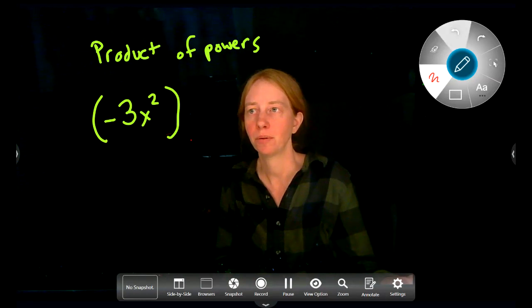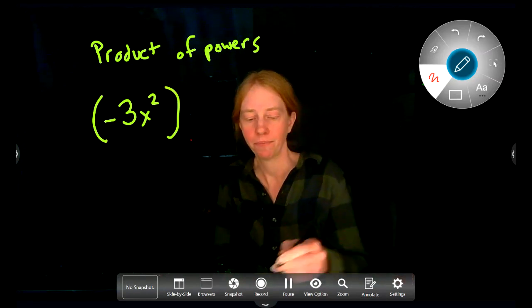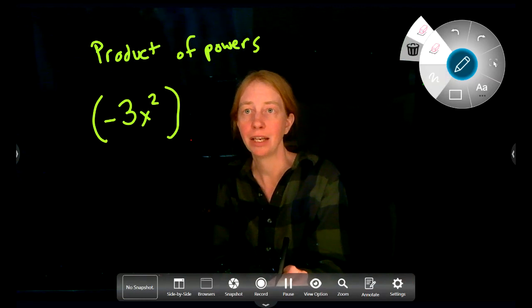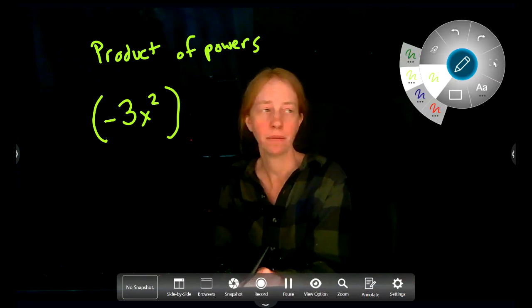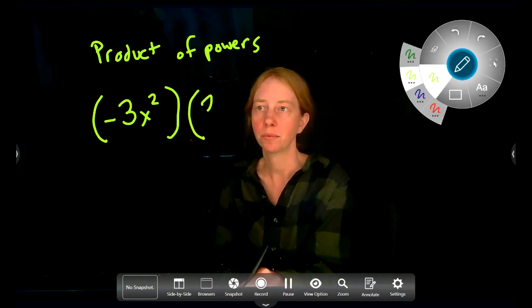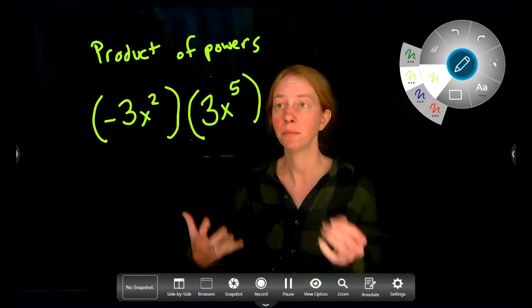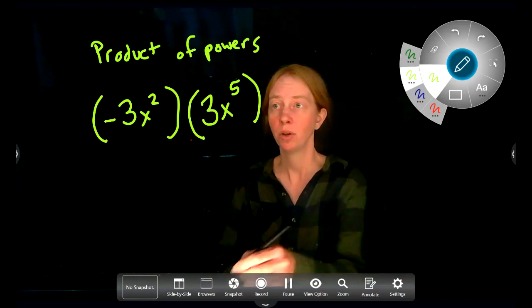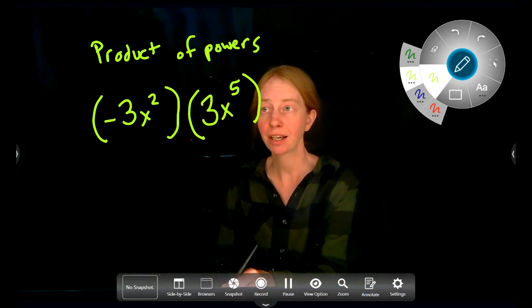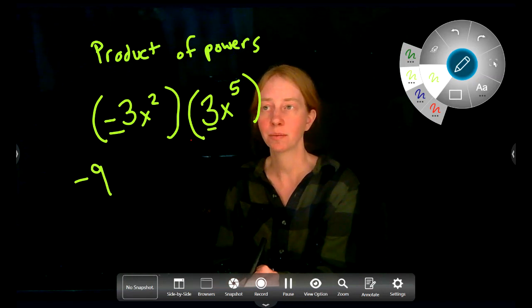I probably should have hit the erase button there. Whoops, okay. And then times another monomial. We're going to do 3x to the 5th. Okay, now what we have here is a multiplication problem. We are going to multiply the coefficients. So that's the negative 3 times 3 is negative 9. Then we're going to deal with these exponents.